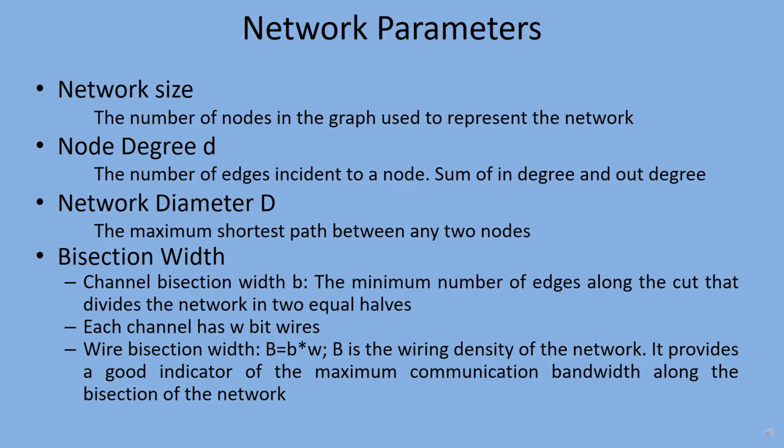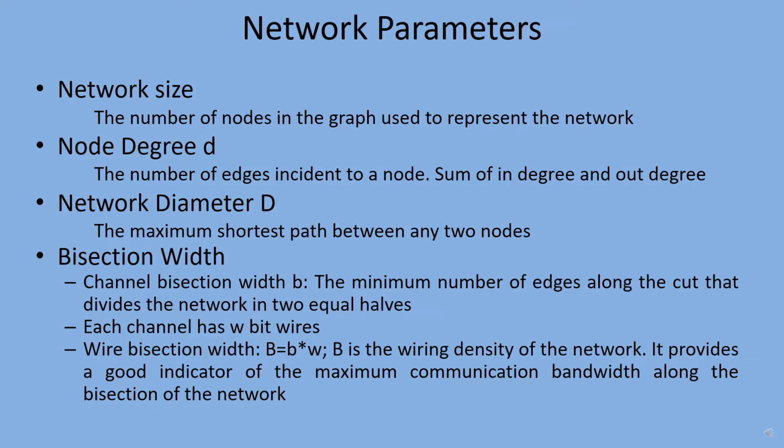Network parameters. Let us discuss several parameters used to estimate the complexity, communication efficiency, and cost of a network. A network is represented by a graph of a finite number of nodes linked by directed or undirected edges. The number of nodes in the graph is called the network size. The number of edges incident on a node is called the node degree.